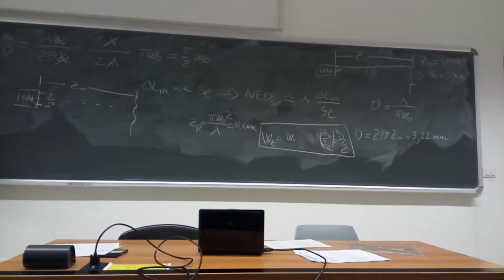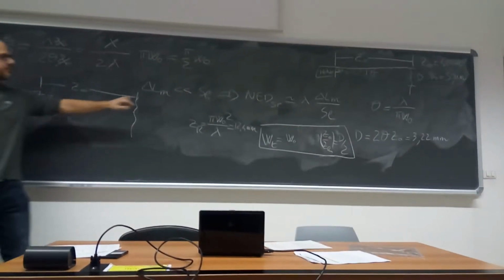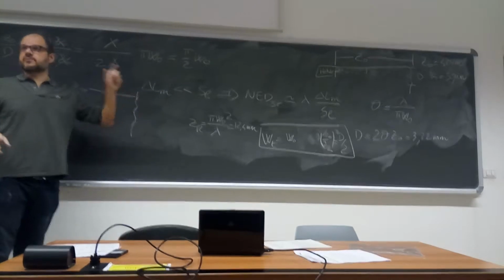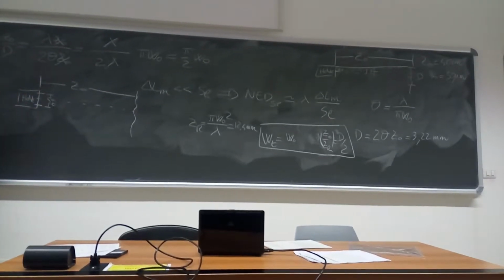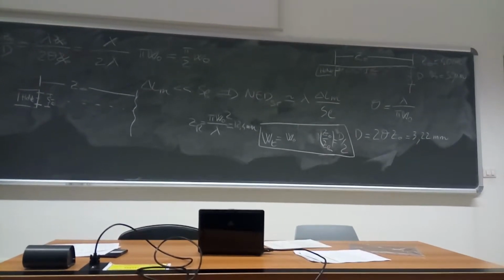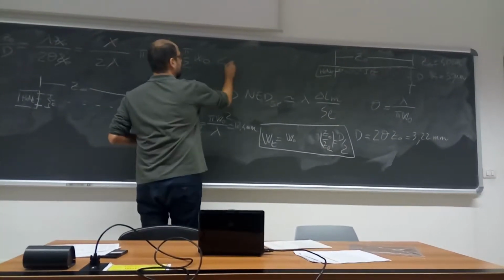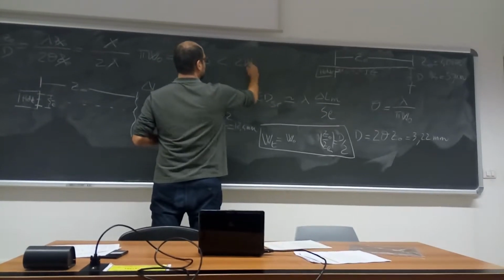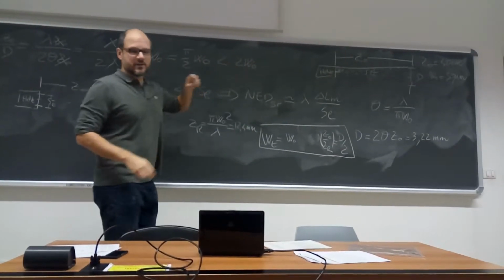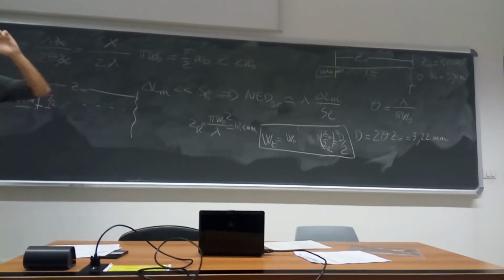So if the target moves, the speckle moves with the target, only and only if this condition is true. And this is a very good point, because what we know from this calculation is that this quantity is lower than 2W0. 2W0 is the diameter of the spot on the output mirror.